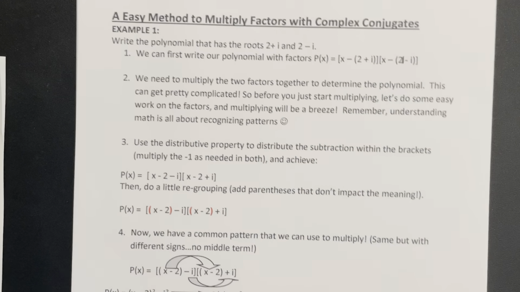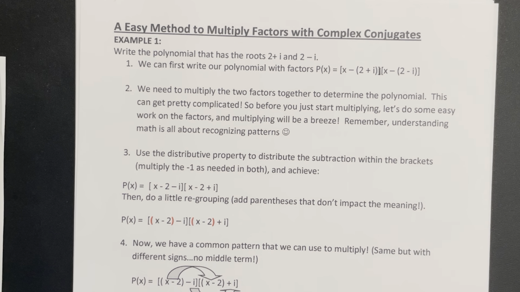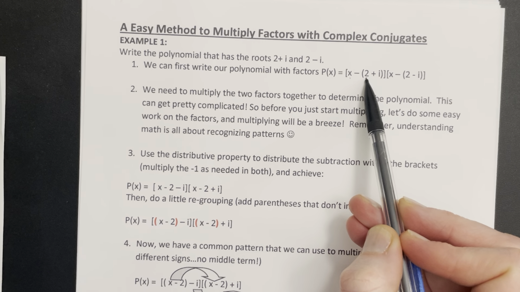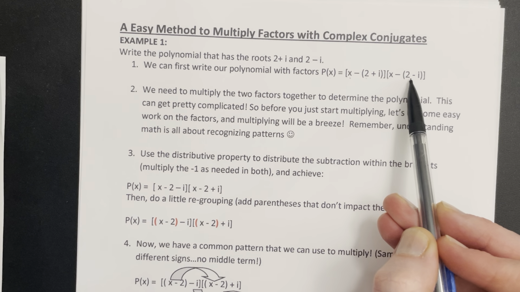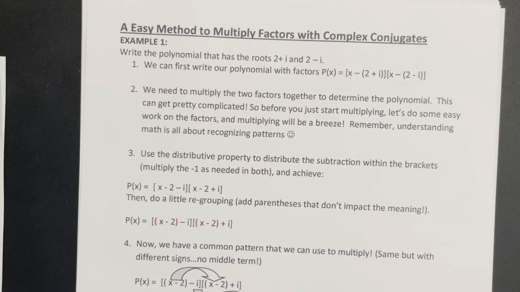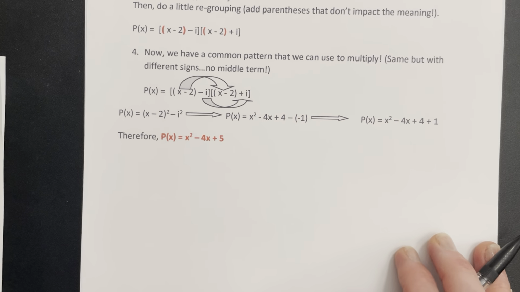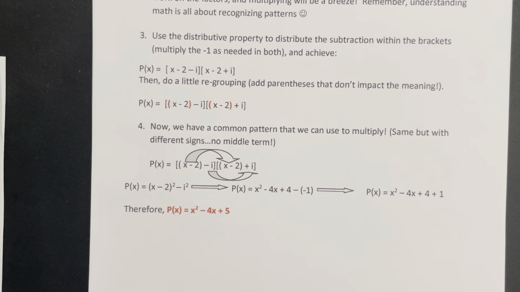I did add in an easier method to multiplying factors with complex conjugates. So when we had something like (x minus 2 plus i) and (x minus 2 minus i), we could distribute this out a little bit differently. I don't love the way that the text is, but it's just part of that process.